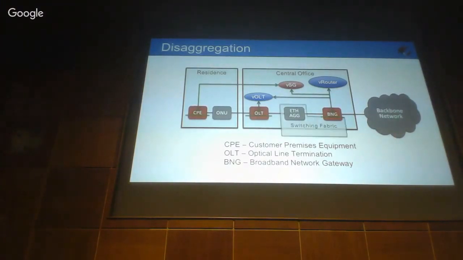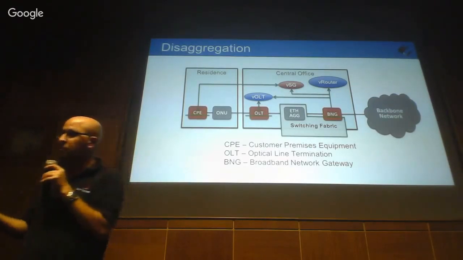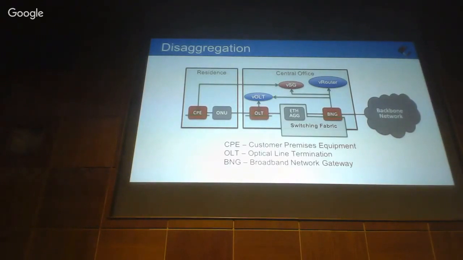And ultimately, the Ethernet aggregation is replaced by our switching fabric. So you see that we've completely disaggregated many of the elements that you would find in a traditional central office. And we'll go through the vRouter, the VSG, the VOLT, and talk about how they function.